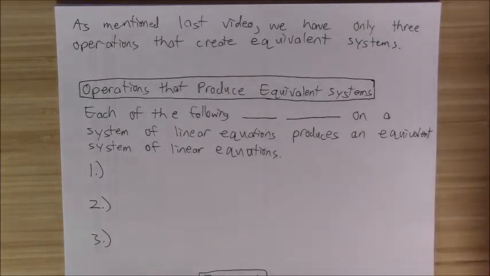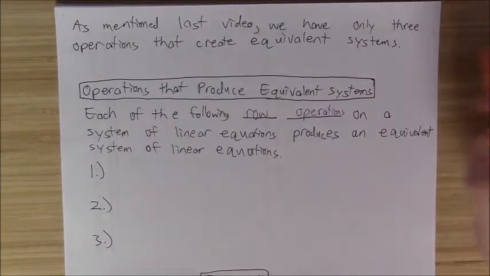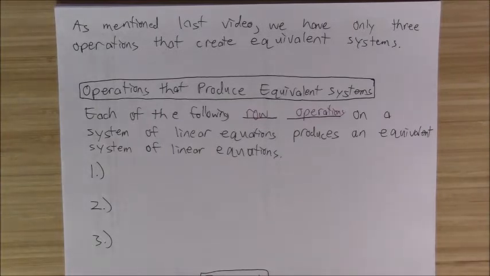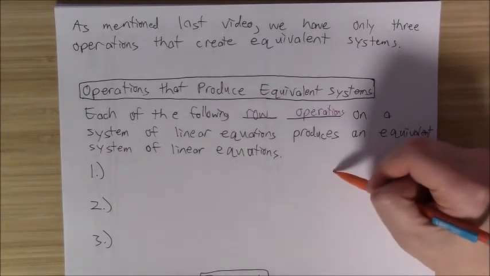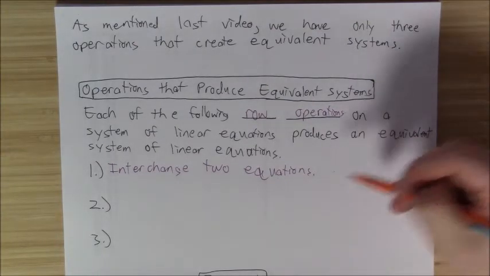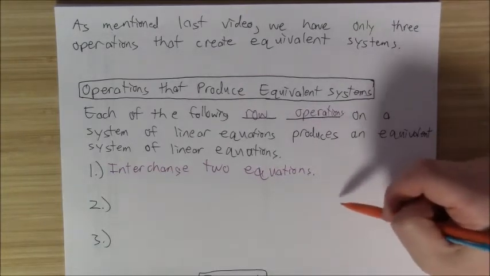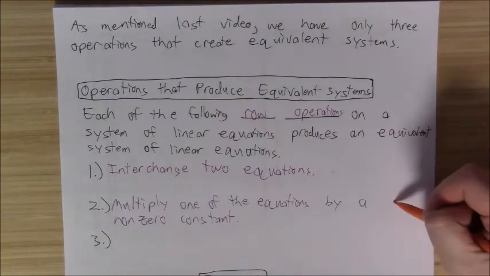Each of the following is called a row operation on a system of linear equations, and each one of these three will produce an equivalent system of linear equations. The first row operation is that we can interchange two equations. Another is that we can multiply one of the equations by a non-zero constant.